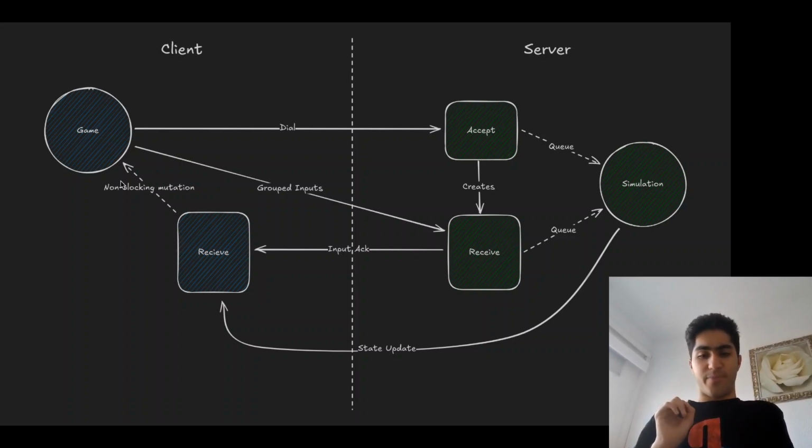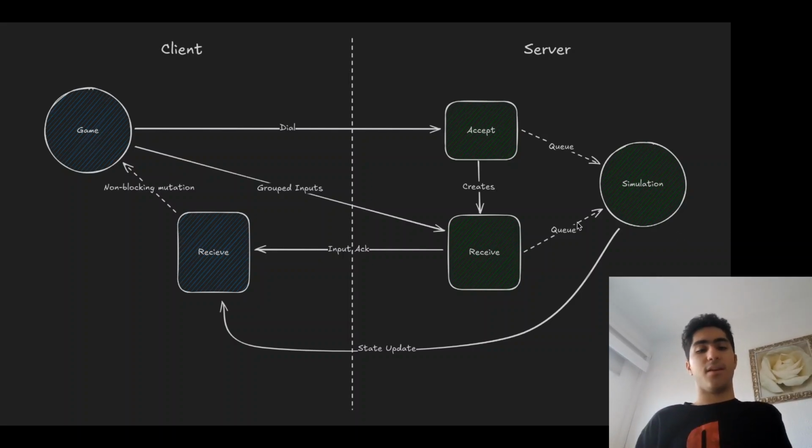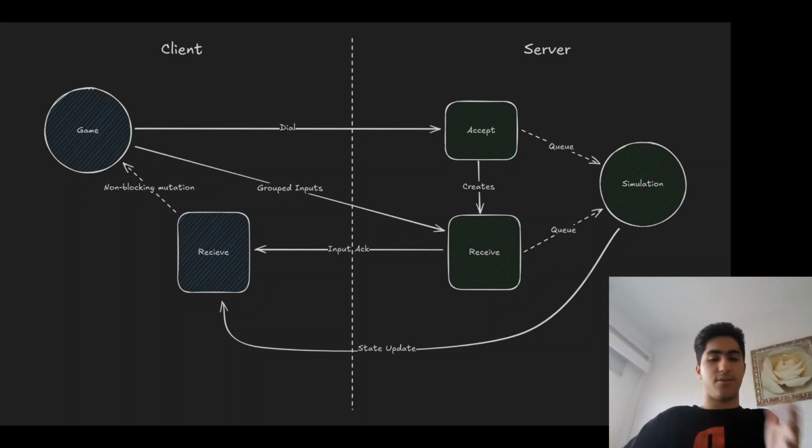There are, I think, three data flows, if I remember correctly. Yes, there are three. One is that you have a server running, the simulation is running, the accept loop is there, and by the way, every single one of these shapes represents a loop on either the server or the client based on their color.